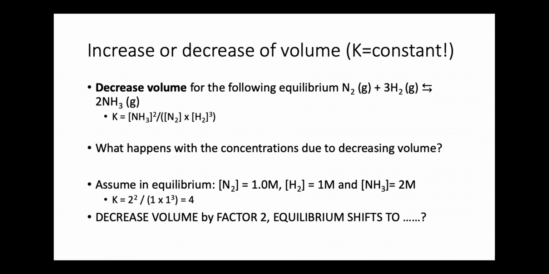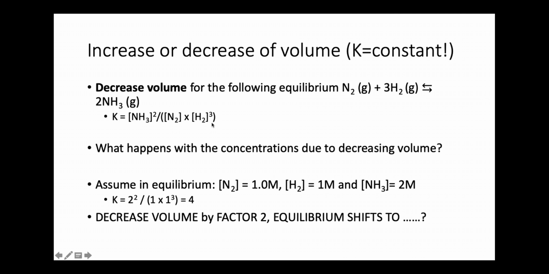Now we're going to look at the impact of increasing or decreasing the volume. Always, the K value is constant. I do that with two examples. Here I have my favorite reaction, N2 plus 3H2 in equilibrium with 2NH3. Here you see the equilibrium expression: the concentration of NH3 to the power of 2 divided by the concentration of N2 times the concentration of H2 to the power of 3.